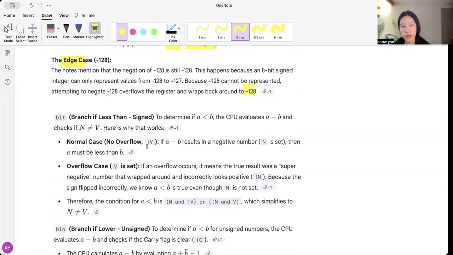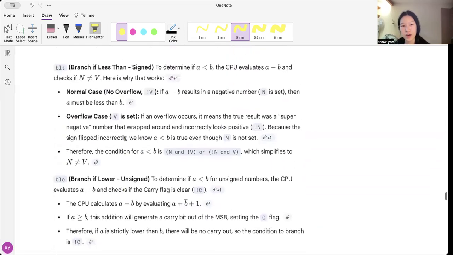And then the two branches that are relatively harder to see are branch if less than and branch if lower. Less than is signed, and lower is unsigned. That's the difference.